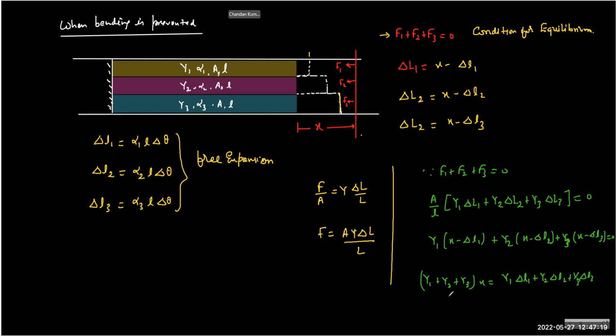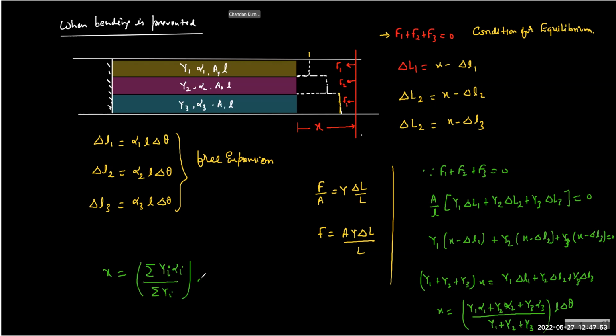And if I substitute the L1, L2, L3 relation, you can see clearly the answer will be Y1 alpha 1, Y2 alpha 2, Y3 alpha 3 upon Y1 Y2 Y3, whole into L delta t. Okay. So for any metallic strip connected, x equals summation of Yi alpha i upon summation of Yi.